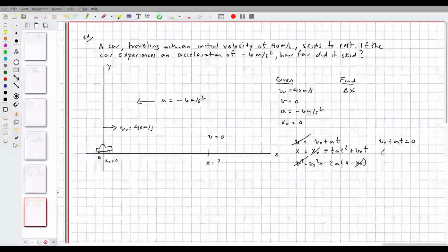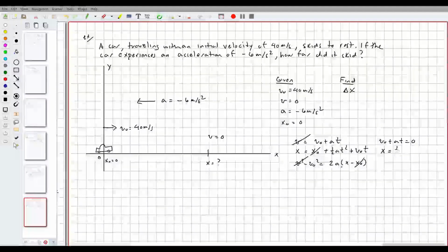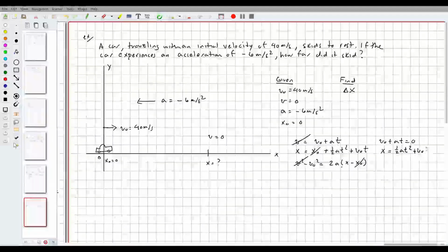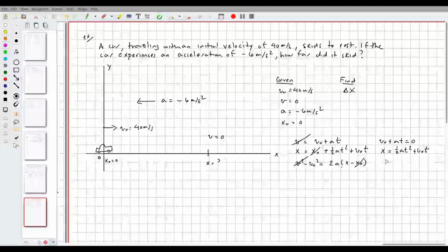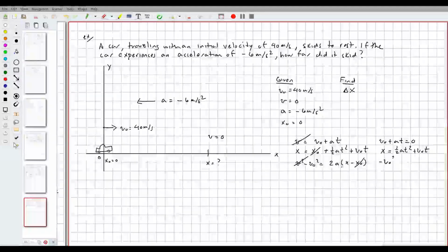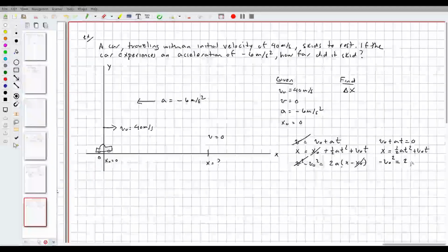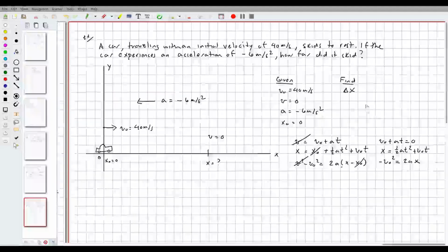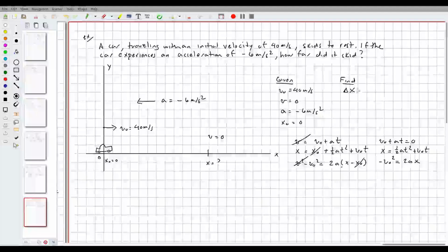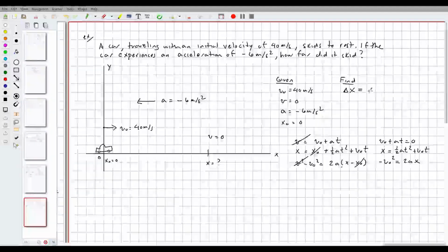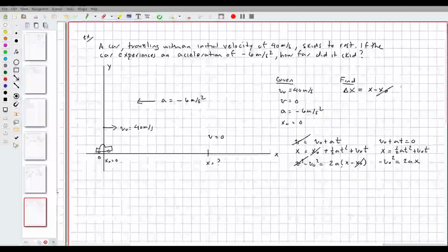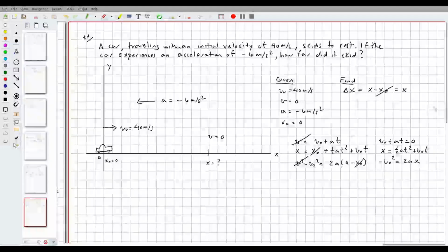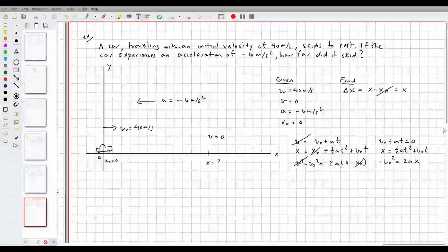I have X is equal to 1/2 AT squared plus V naught T. And I'll also have minus V naught squared is equal to 2 times A times X. Now, we're trying to find delta X, but if you think about it, delta X is X minus X naught, and our initial position was 0. So this is just the same thing as X in this case. So we're trying to find X.